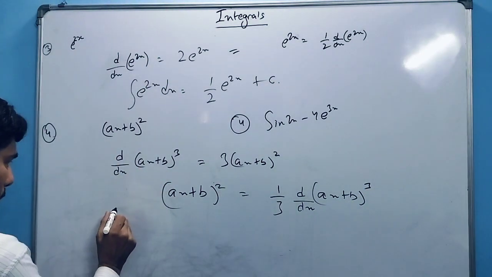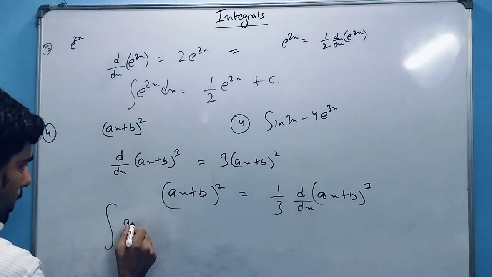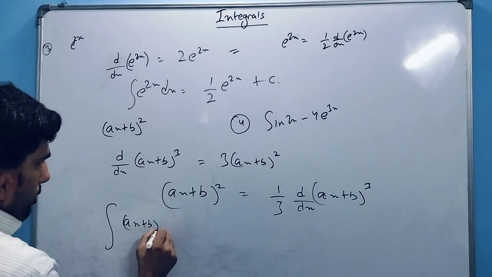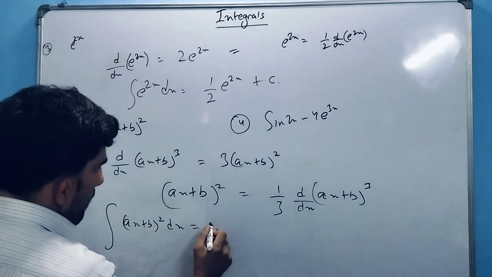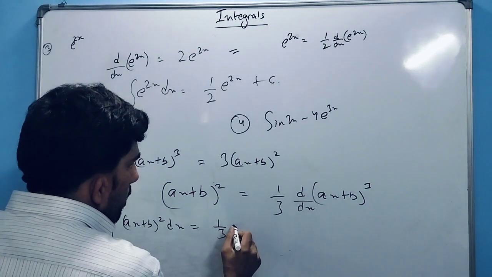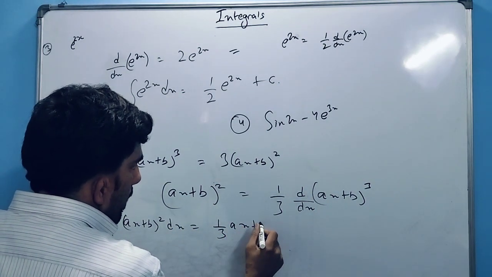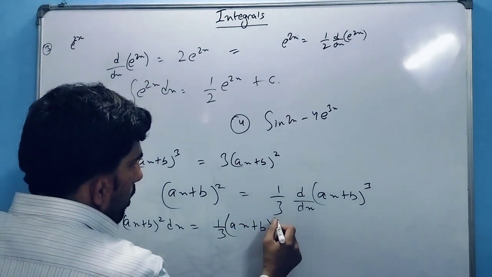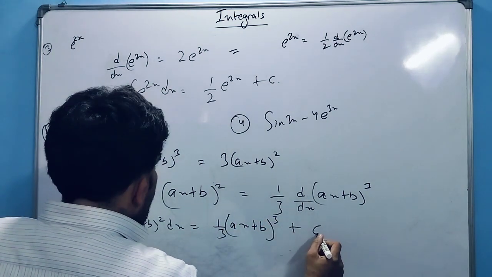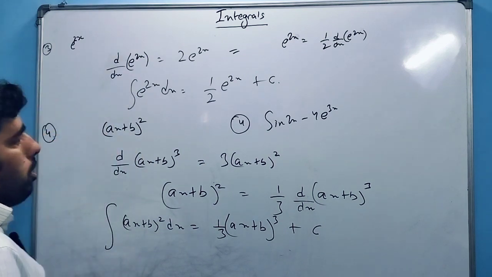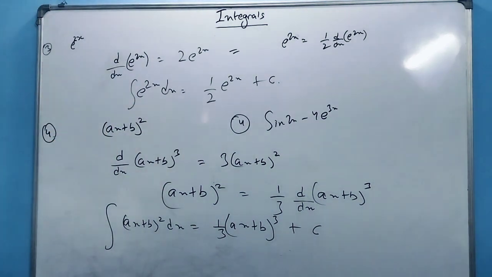Ultimately I find the integral of this, that is 1 by 3a (ax plus b) cube plus c. That is how we are able to find the antiderivative of this function.